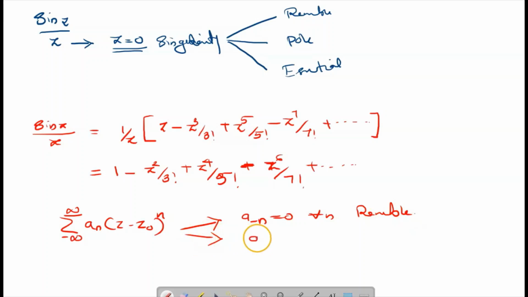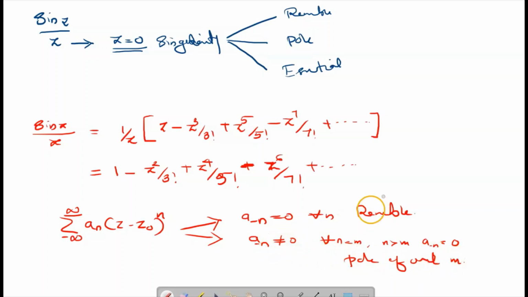If a minus n is not equal to 0 for n equal to m and for n greater than m, a minus n is equal to 0, then this is called a pole of order m.